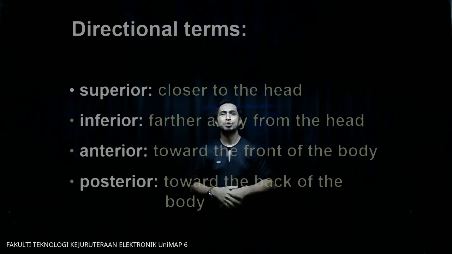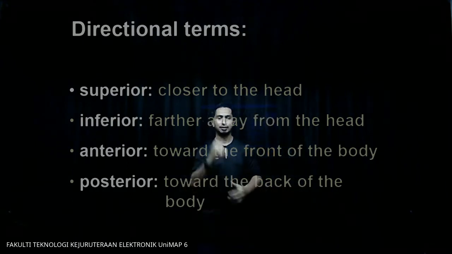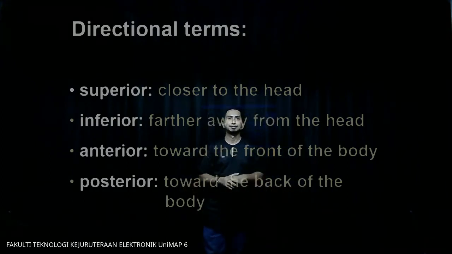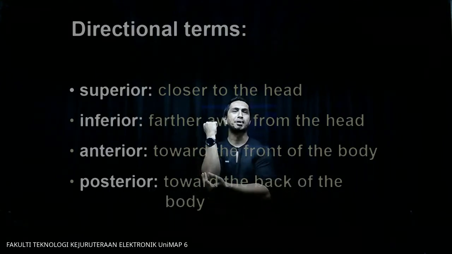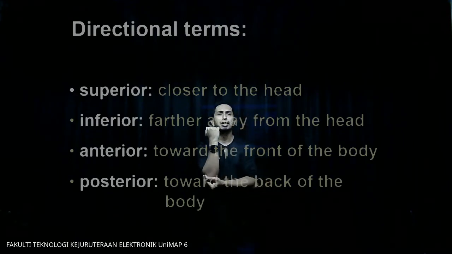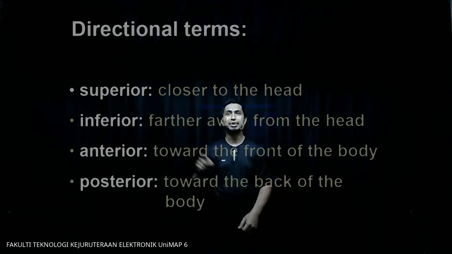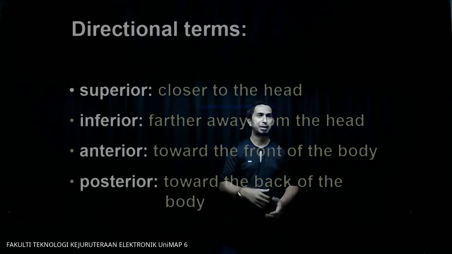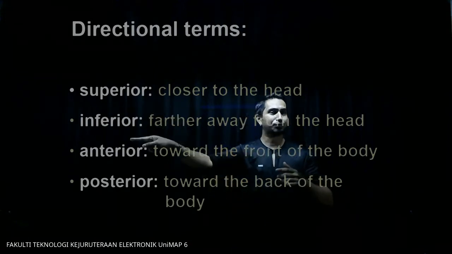Which one is superior? Which one is inferior? Elbow is superior. Good, Ikhwan. Why? Because the elbow is closer to the head. Knee is farther away from the head. That is the difference between superior and inferior.